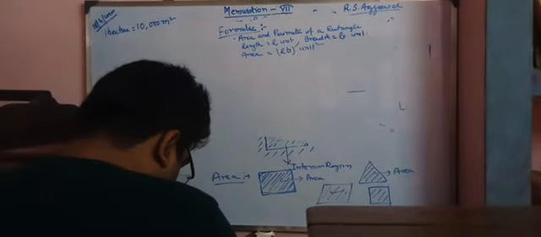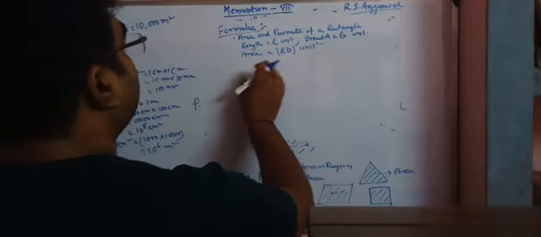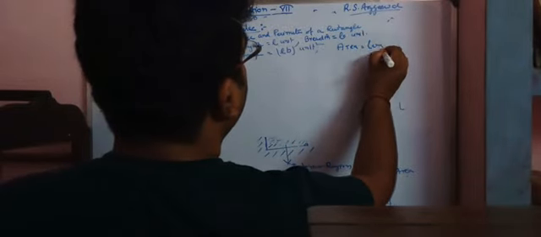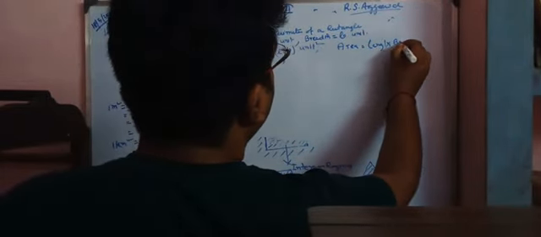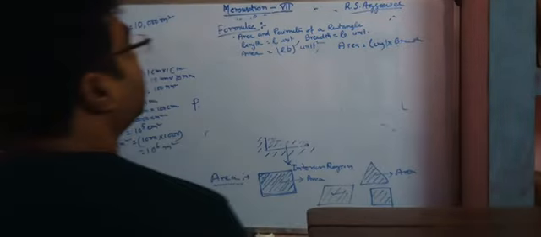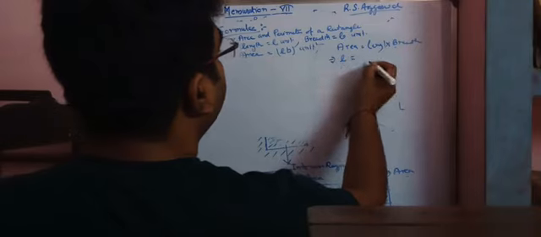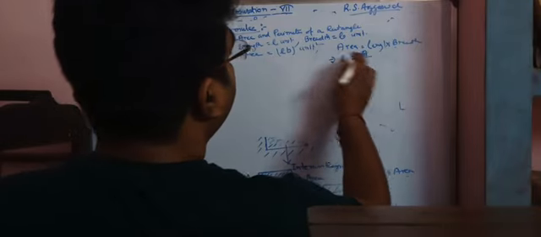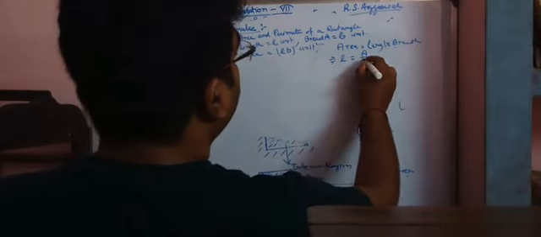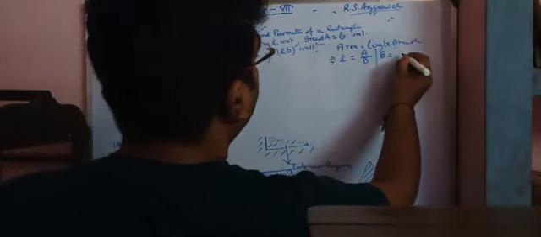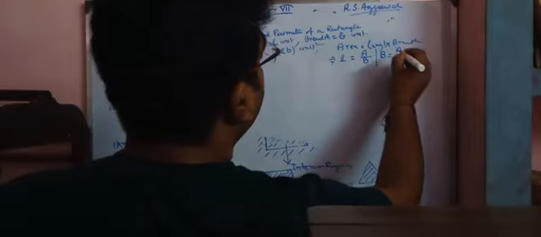So now area is equal to length into breadth. So we can easily determine length L is equal to area by breadth. Similarly breadth is equal to area by length.